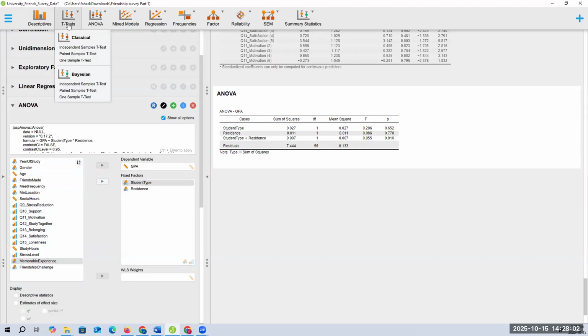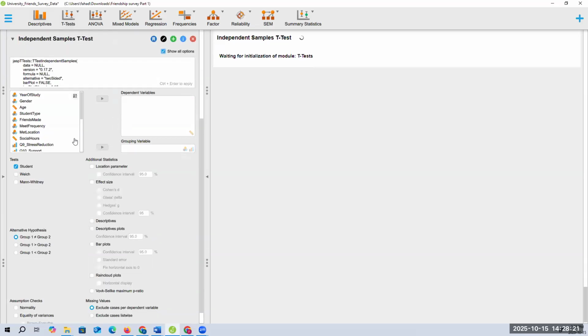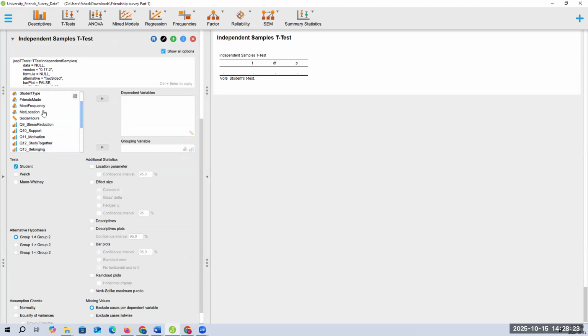You can also do a t-test. You could have an independent or a paired sample t-test. Independent would be comparing two different groups. So we can do an independent sample t-test, for example looking at student type as a grouping variable.